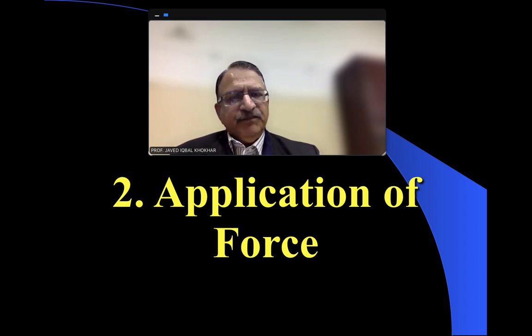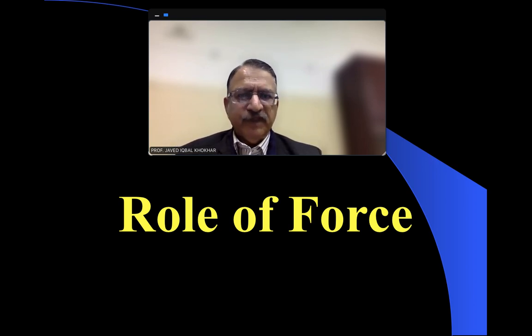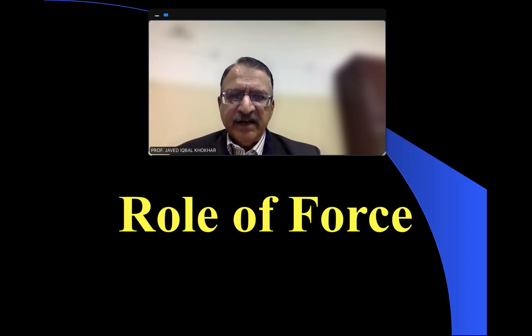So the intrinsic quality of the weapon we have discussed. Now the application of force. The role of force is very important. The amount of force used for the causation of injury is basically responsible for change in appearance.